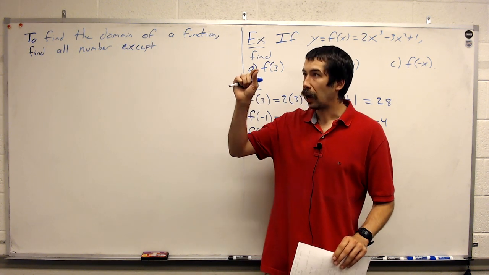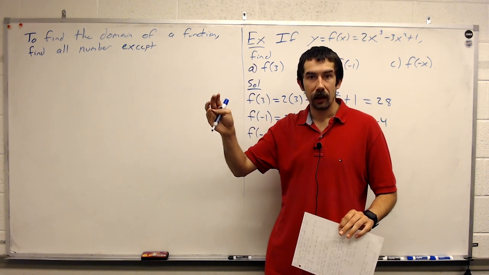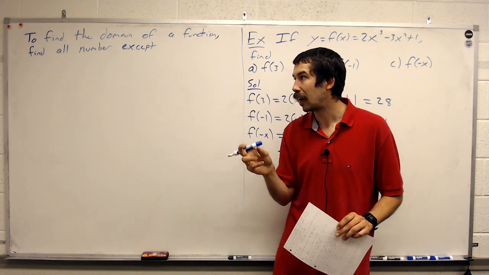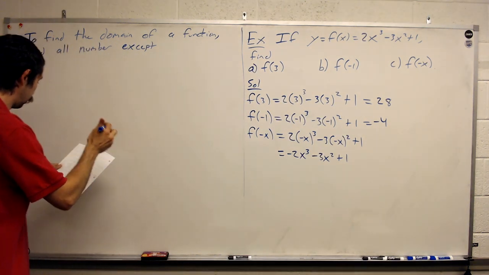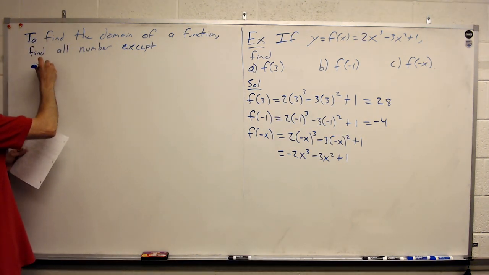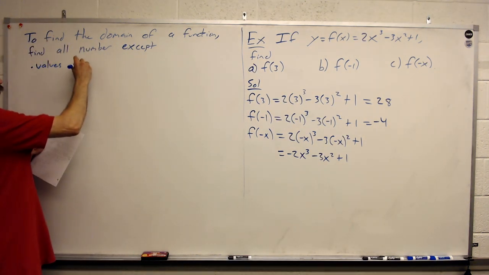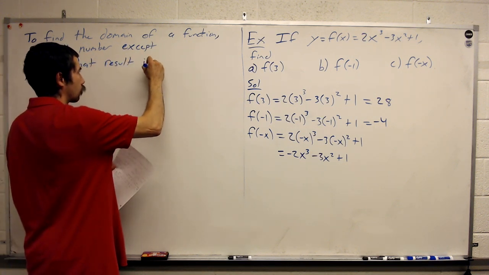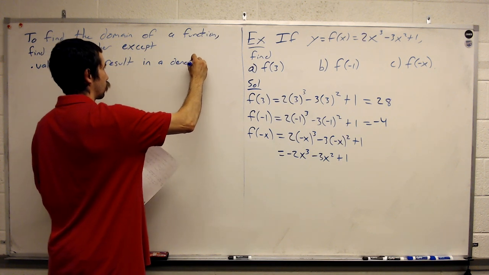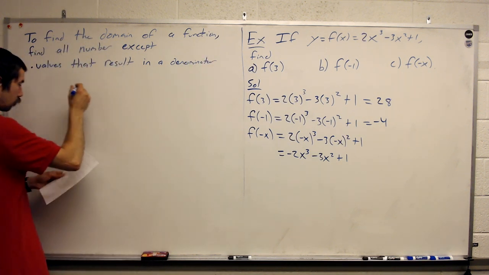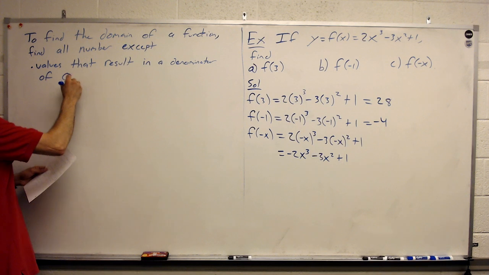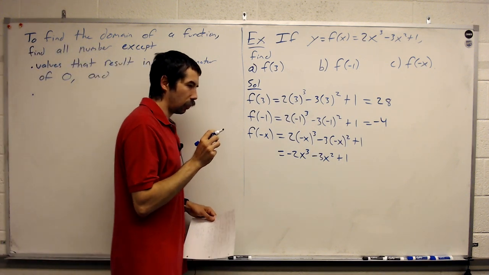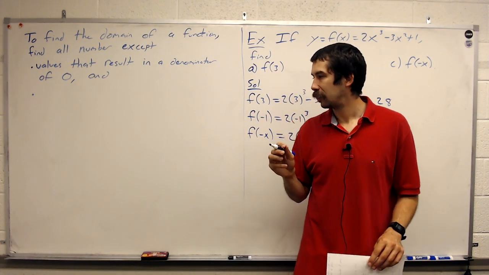All right, so if we have some x's in a denominator, we just need to make sure whatever our denominator is not 0. Okay, so that's our first rule. You cannot divide by 0.